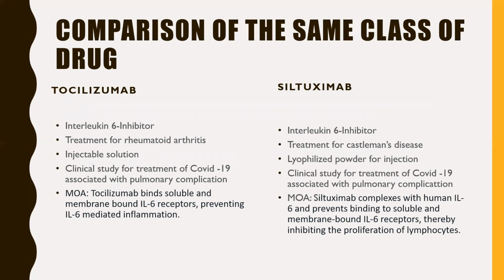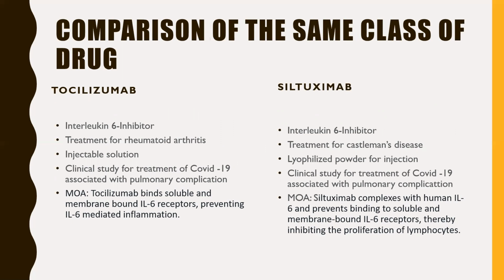So, comparison of the same class of drug. We have here tocilizumab and siltuximab. Actually, they are both interleukin-6 inhibitors, but tocilizumab is the treatment of choice for rheumatoid arthritis, while siltuximab is the only treatment for Castleman's disease.